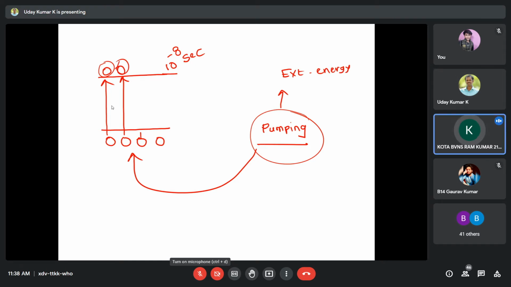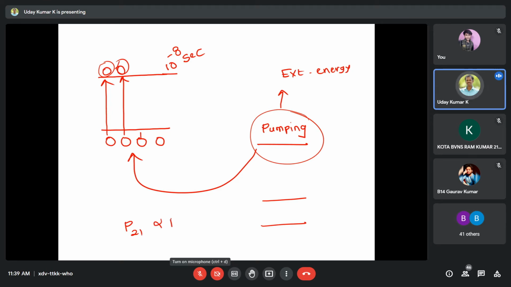Yes, sir, up to here it is clear. Now, how do you create the population inversion? Because we have seen in the Einstein coefficients that the probability of 2 to 1 is proportional to N2, the number of atoms in the higher energy level, for the stimulated emission process.